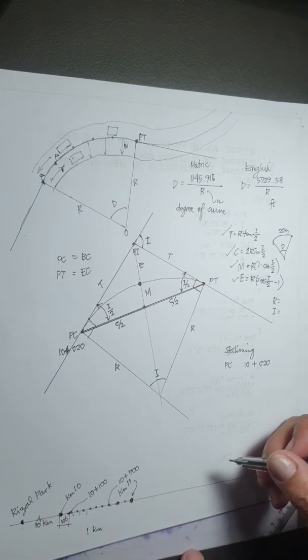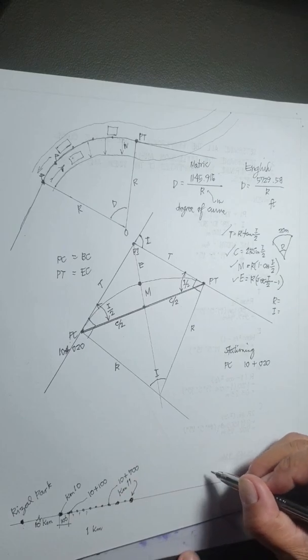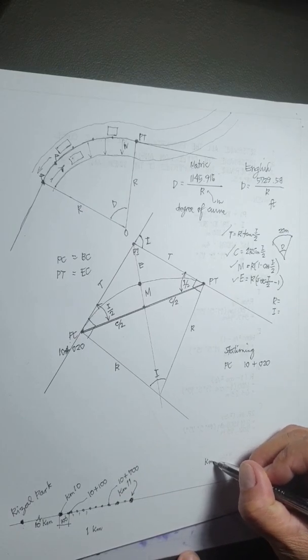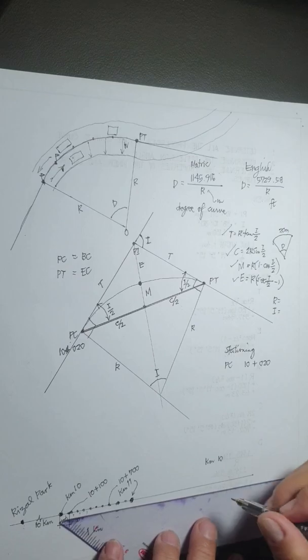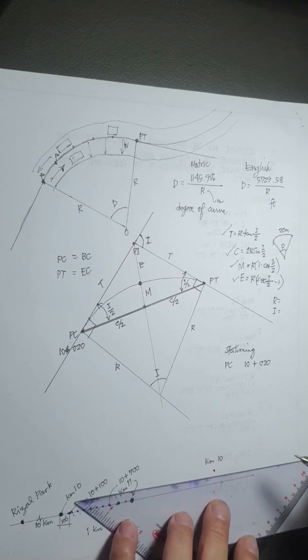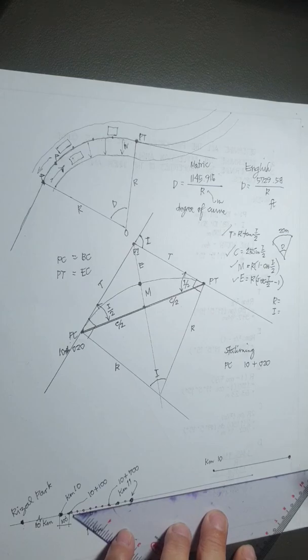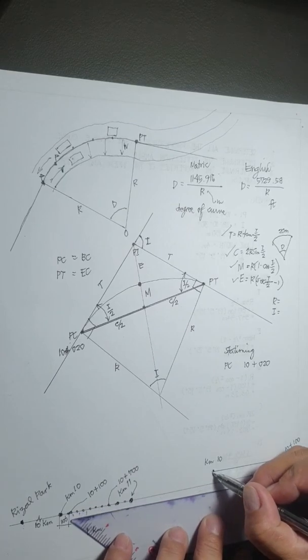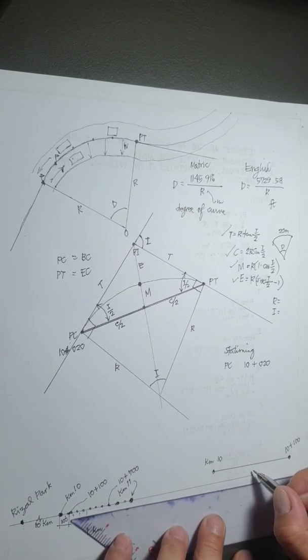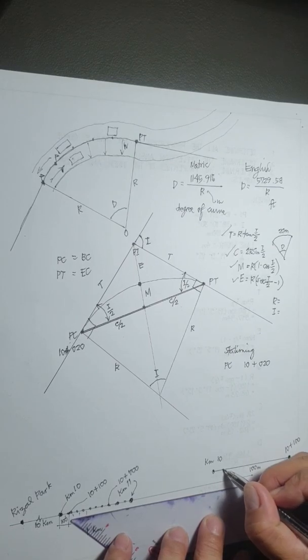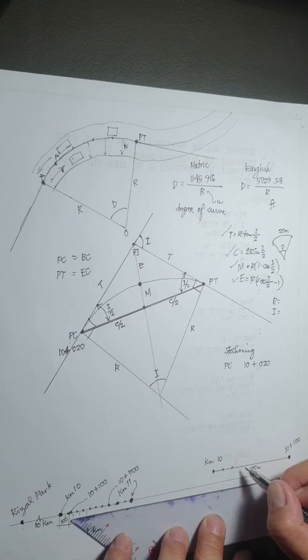Ibig sabihin, yung kilometer 10, i-magnify mo. If you have here kilometer 10, tapos, ang next station mo is kilometer 10 plus 100. It means, ito namang buong length na to is only 100 meters. So, you divide it into 20s.